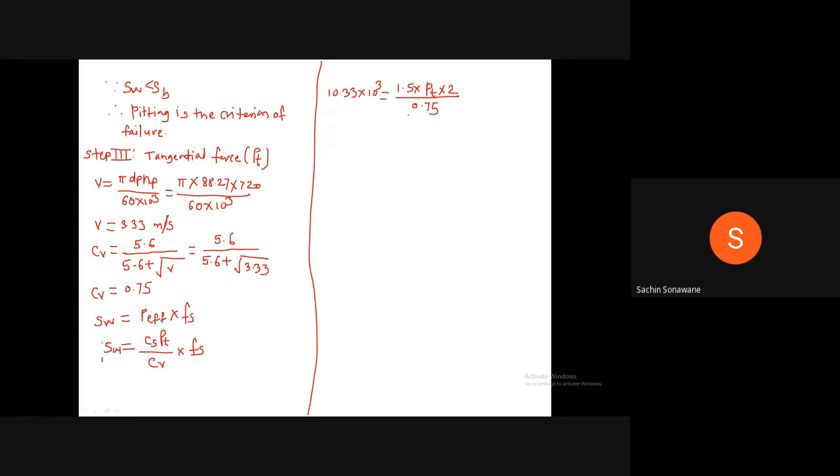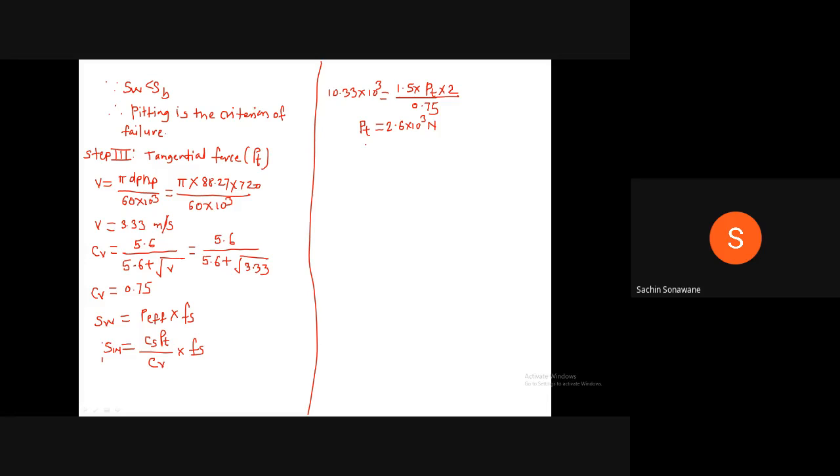Calculate PT in Newton. The answer is 2.6 into 10 raised to 3 Newton.